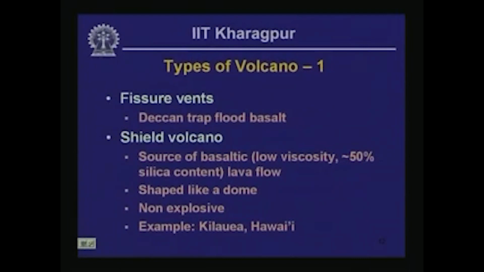And what governs the explosiveness of a volcano is the type of that particular volcano. So here we consider the different classes of volcano. The first one is called a fissure vent. Here what you have is a crack at the surface of the earth from which the lava is oozing out, that is called a fissure vent.